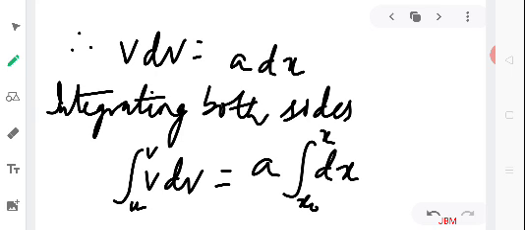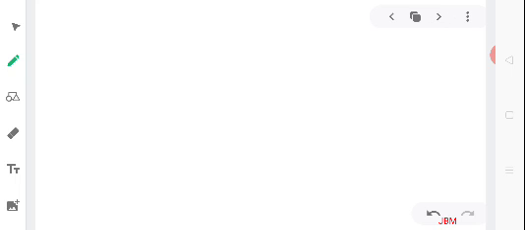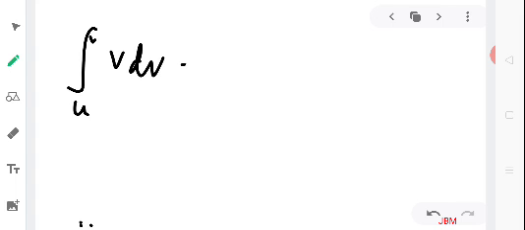Now, at this point, if you have taken note of this expression, I will do one more modification. Well, let me write it down again. I can write this same expression as v dv equal to a integral x to the power 0 dx.